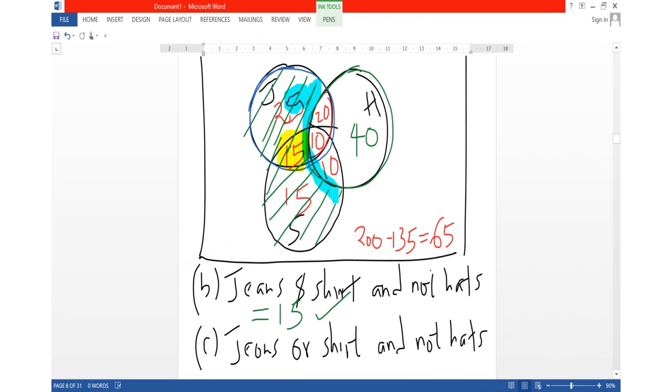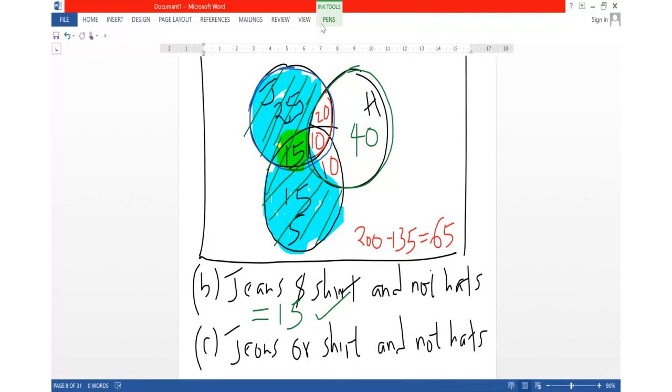The 15 is still inclusive. Whatever is in green there, that's our concern. But we don't touch the circle for hats. So that is what the word or signifies. You are taking all the things, but you're not touching anything for hats.